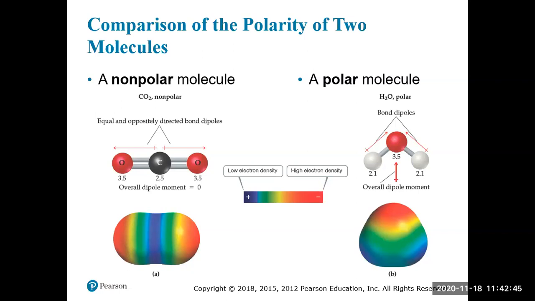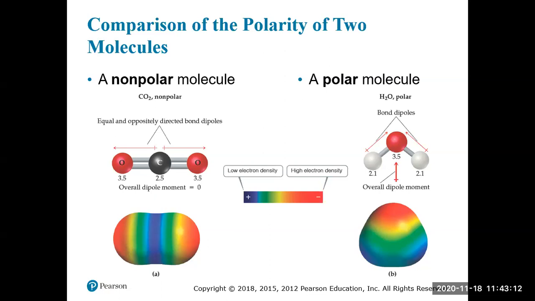Then the other dipole for the carbon and the oxygen double bond, we see with the arrow pointing to the right. They're both carbon-oxygen double bonds, so the magnitude is going to be the same. Because it's a linear molecule, they're pulling equally across that. And so what that tells us is that overall, they cancel out.